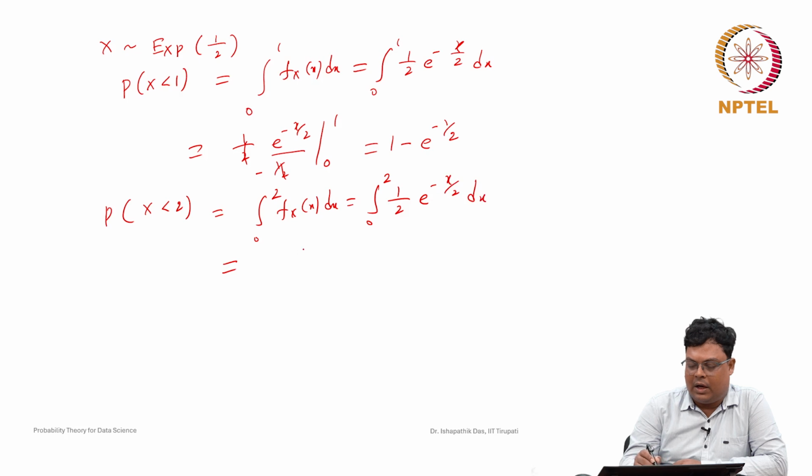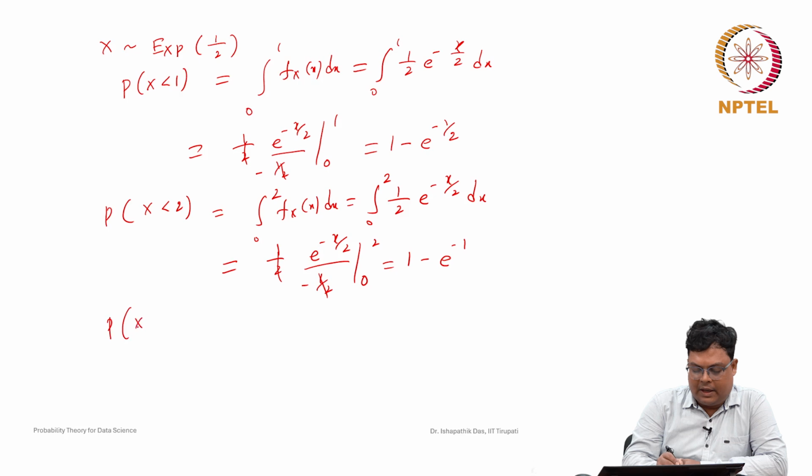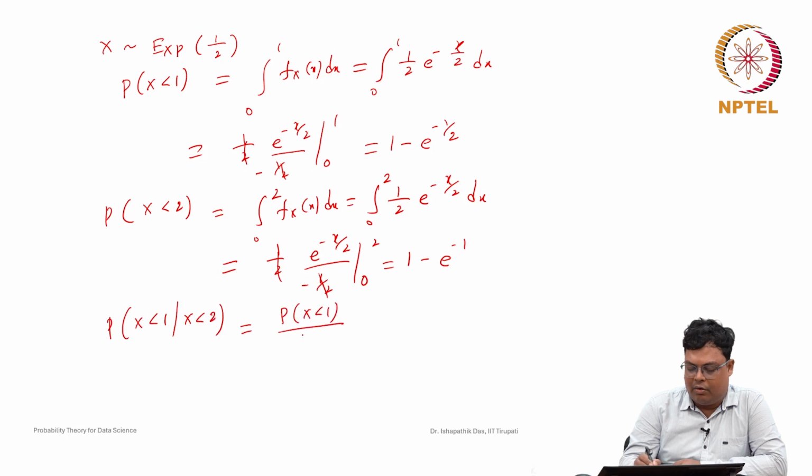Then, by the integration again, the same minus 1 by 2 will be cancelled, but the limits will be 0 to 2. So, this is 1 minus e to the power of minus 2 by 2, which is 1 minus e to the power of minus 1. Then the probability that X less than 1 given X less than 2 is the probability of X less than 1, divided by the probability of X less than 2 that we just found.